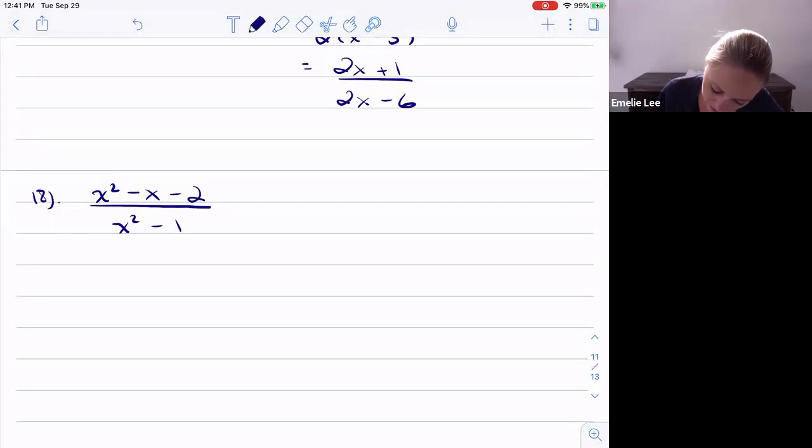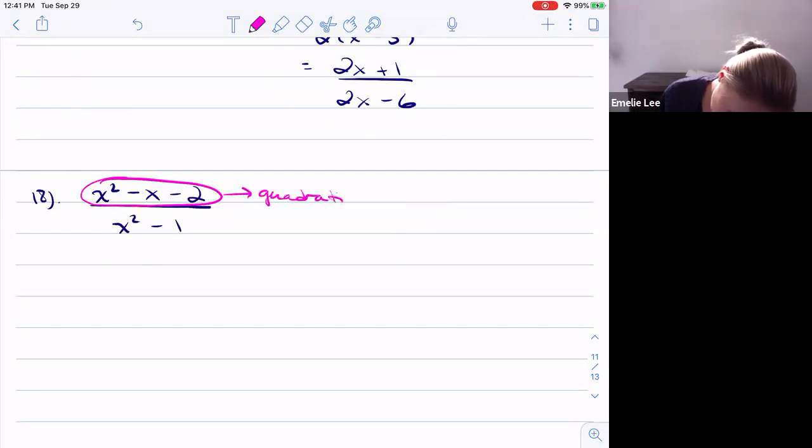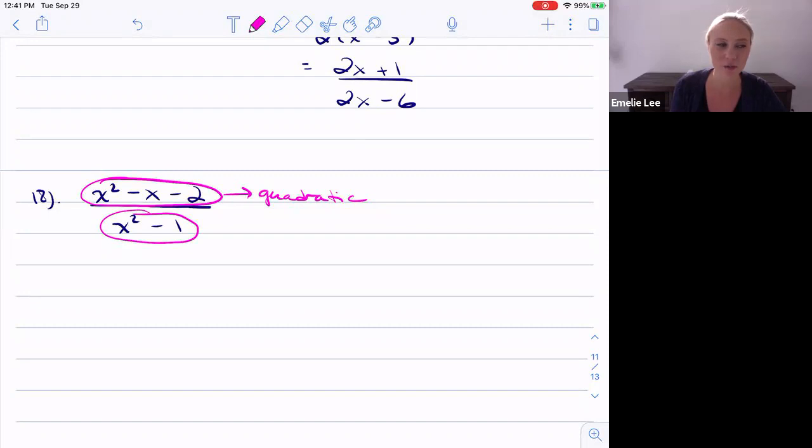So here, this is a quadratic. This is also a quadratic. Or if you prefer to use the special factoring formulas, you could do that as well, as long as you treat 1 as 1 squared.